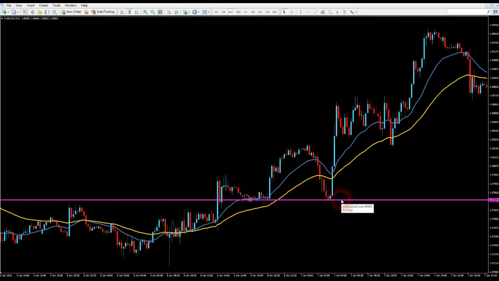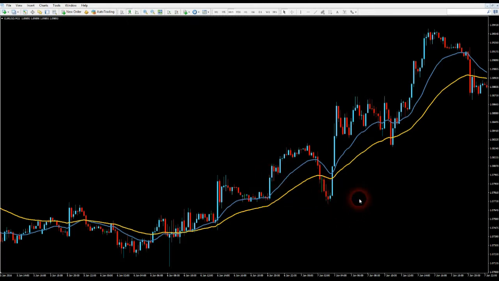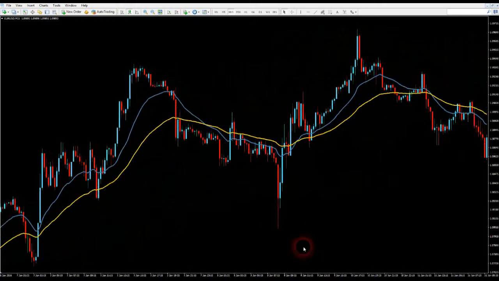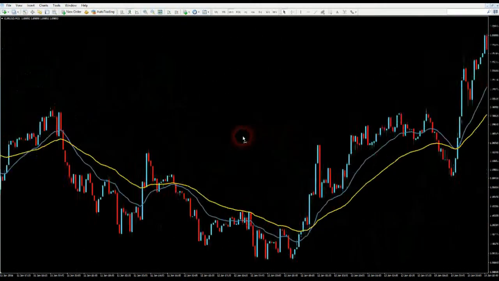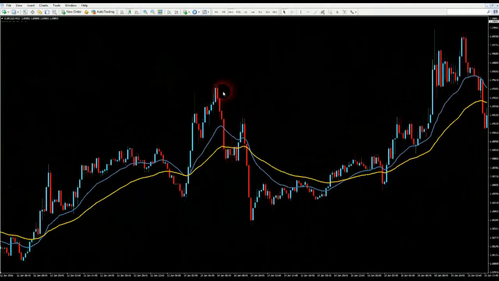And preferably you can add a stochastic or RSI to find oversold and overbought levels. So use the moving averages in addition to other strategies, other indicators, and your own technical analysis to complete them.